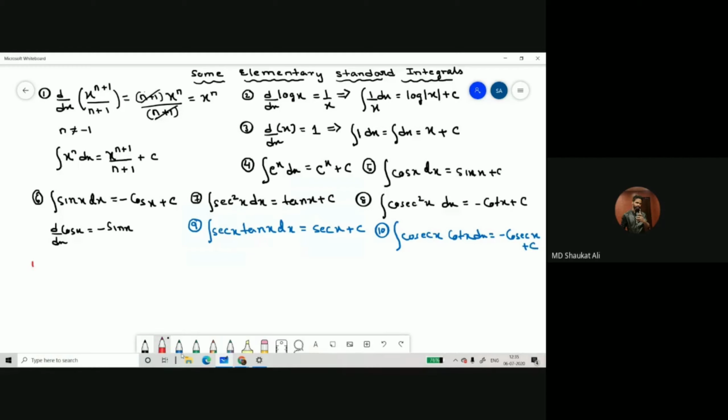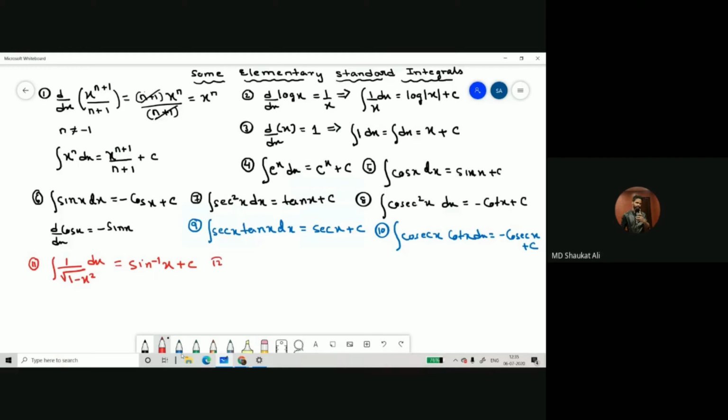Okay. Then look at number 11. If I tell you integration of 1 by root over 1 minus x square dx, now we know this will be sin inverse x plus c, because d/dx of sin inverse x is 1 by root over 1 minus x square.